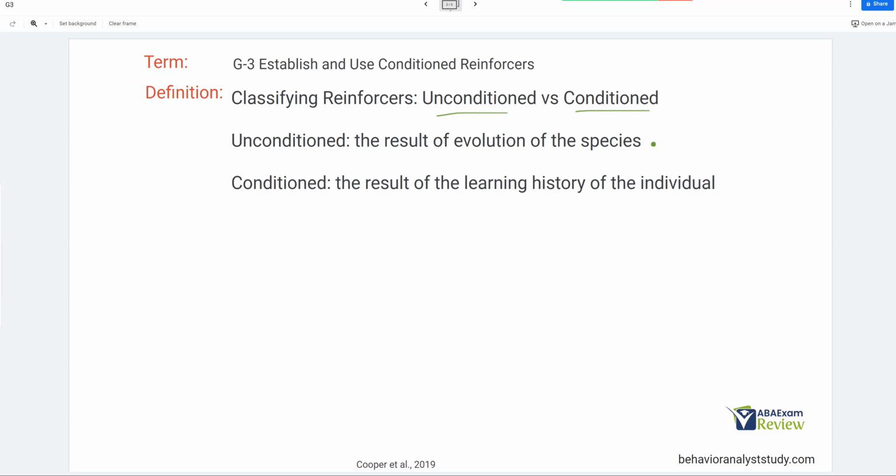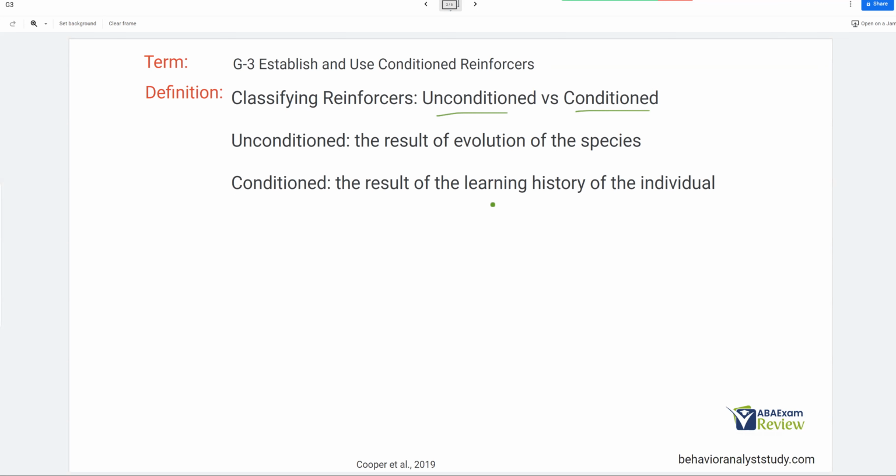So when we think of things like food and warmth and shelter, these are things that are critical to the survival of the species and are therefore unconditioned reinforcement because given enough time, they will function as reinforcement more or less for every member of that species. Even if you've dealt with clients who refuse to eat in protest or refuse to drink water in protest, at some point, they're going to need those. And at some point, the value is going to increase enough to become reinforcing.